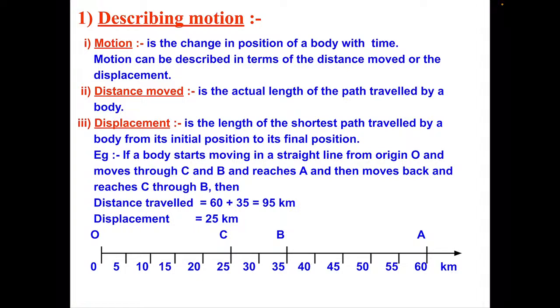What is this reference point? Reference point is a fixed point which is used to observe the state, whether the object is in state of rest or in motion. Next thing is state of motion. A body which changes its position as time passes with respect to frame of reference is said to be in state of motion.